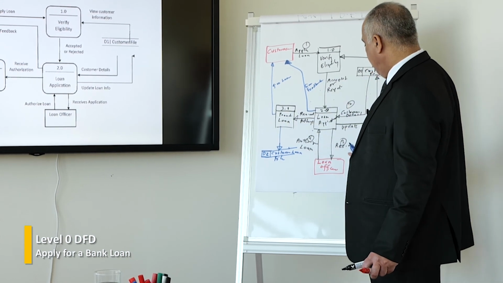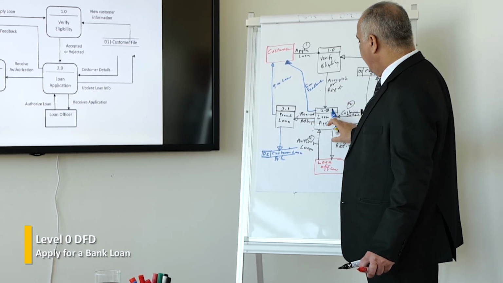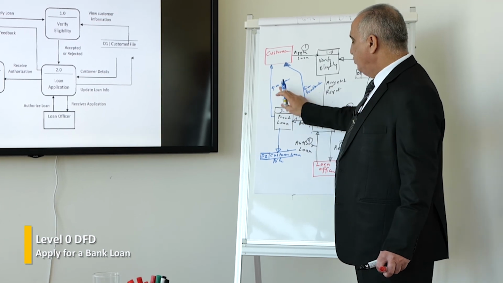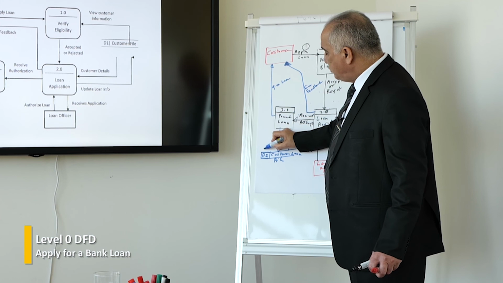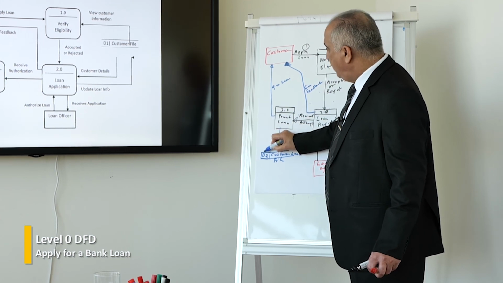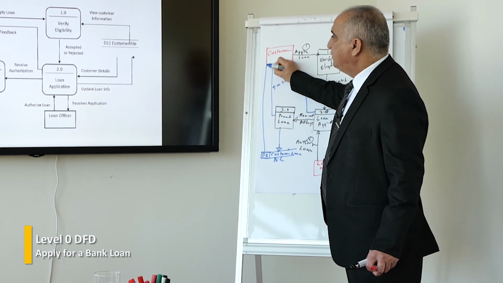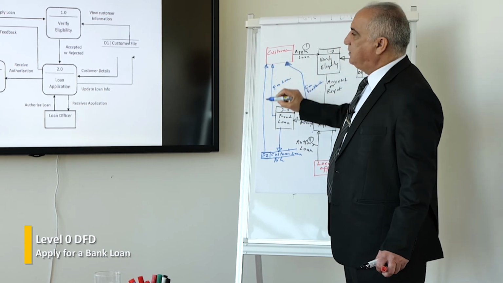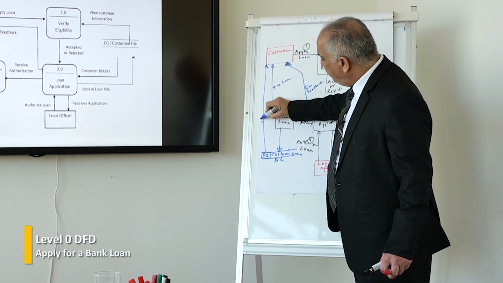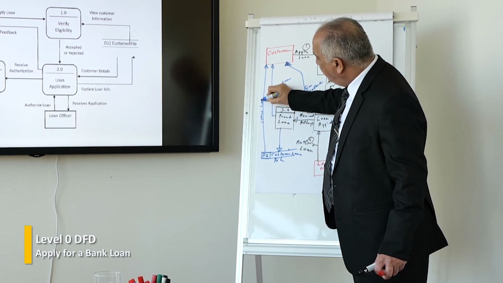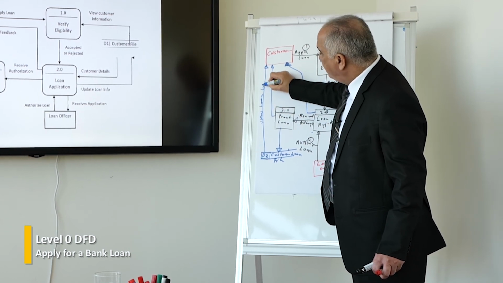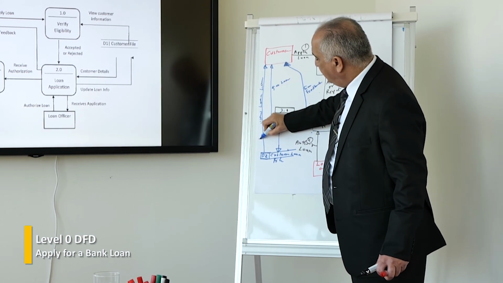Now, customers will be told about their loan. This is, again, applying for a loan. The customer will be given the loan, but from time to time the customer wants to view the overall status of their information about the loan.